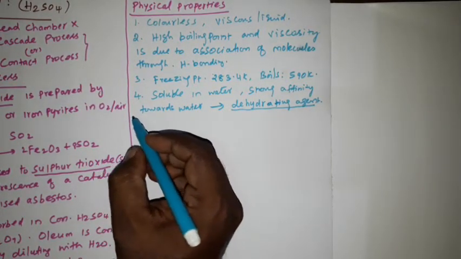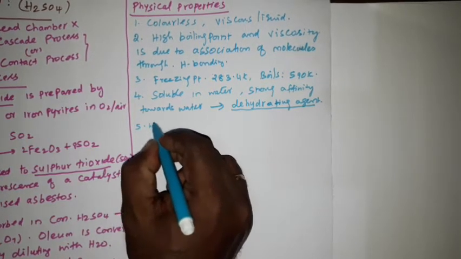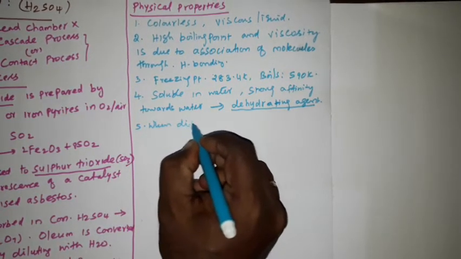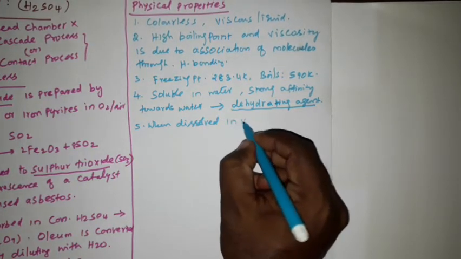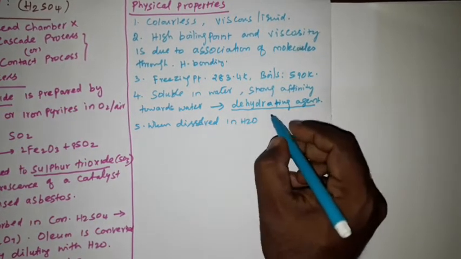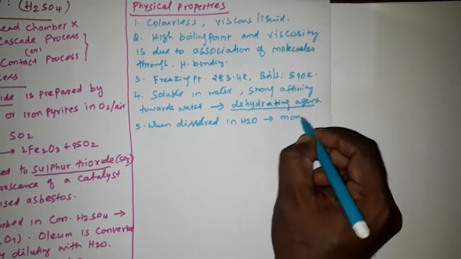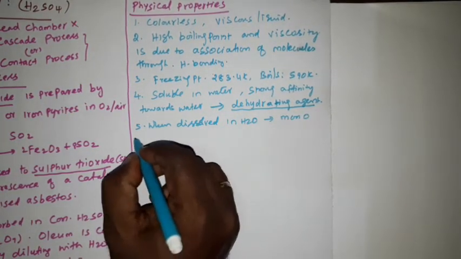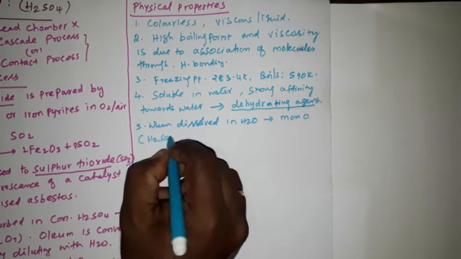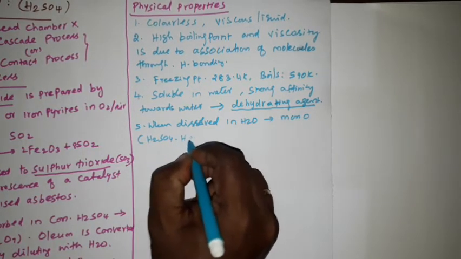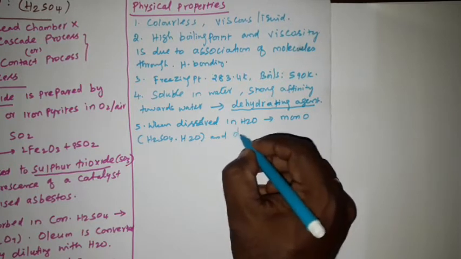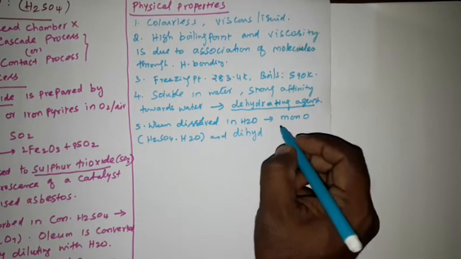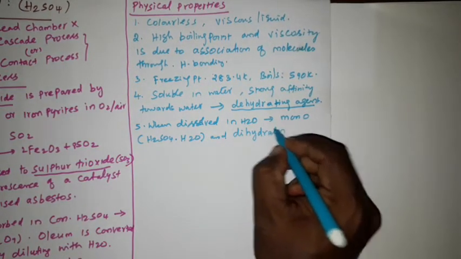When sulfuric acid is dissolved in water it forms monohydrates, that is H2SO4 dot H2O, and dihydrates.